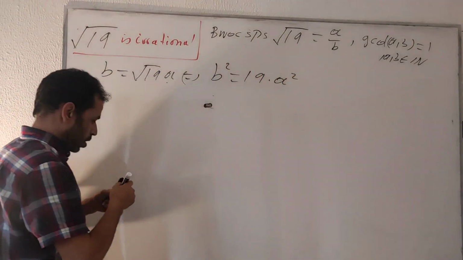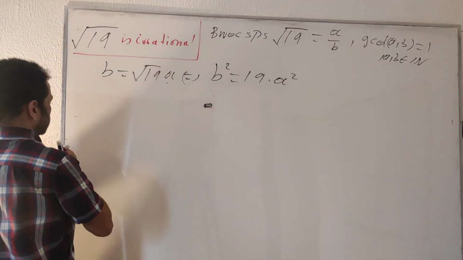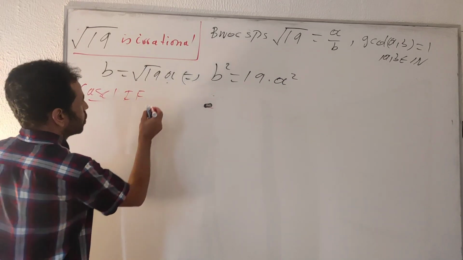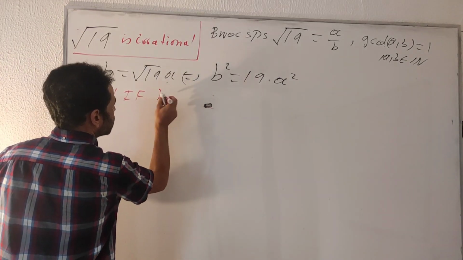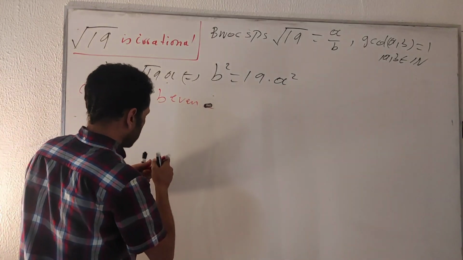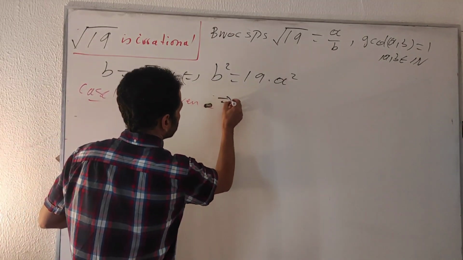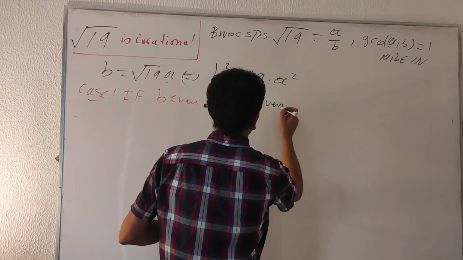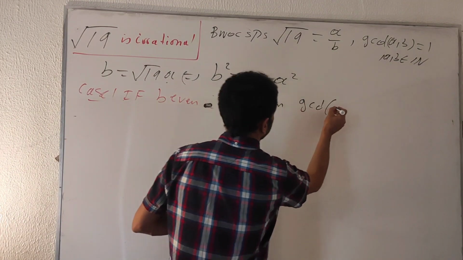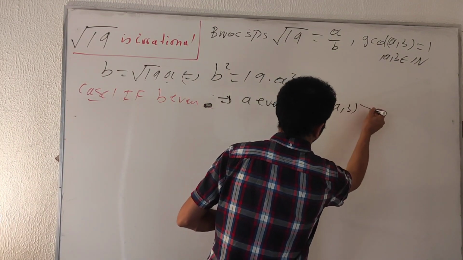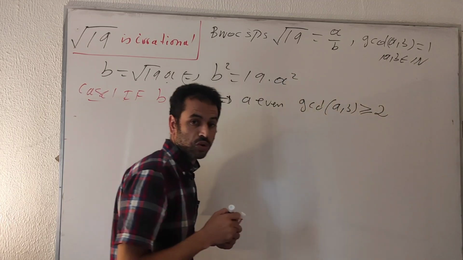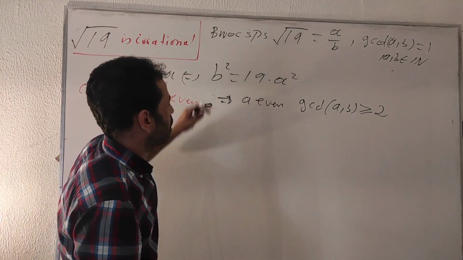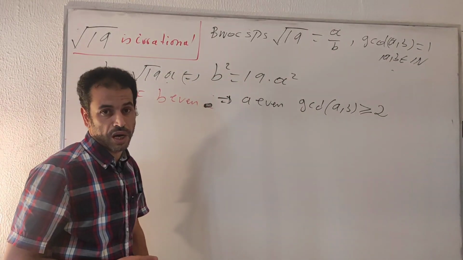Okay, let's go through two cases. Case number one, if B is even, which means A must be even as well. So that means the GCD of A and B must be at least 2, not equal to 1, because if both are even, they share the number 2 as a divisor.